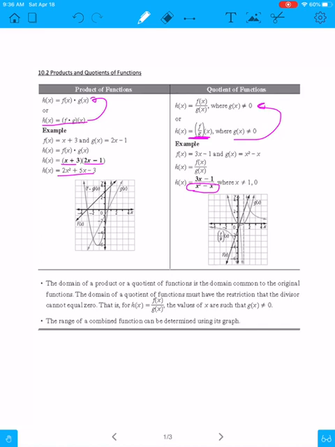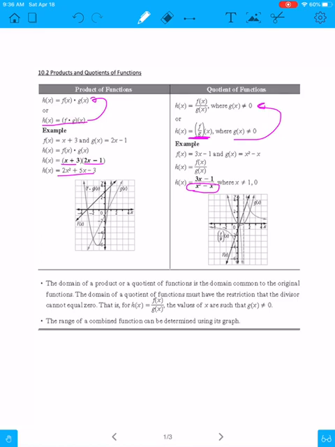The domain of a product or quotient of functions is the domain common to the original functions. The domain of a quotient function may have a restriction on the divisor, the bottom, because it cannot equal 0. That is, for h(x) = f(x)/g(x), the values of x are such that g(x) cannot equal 0.